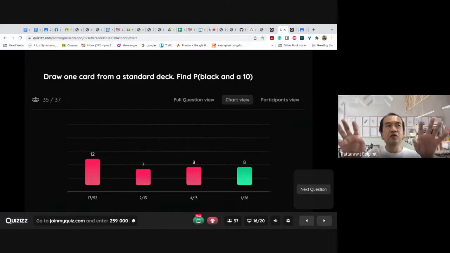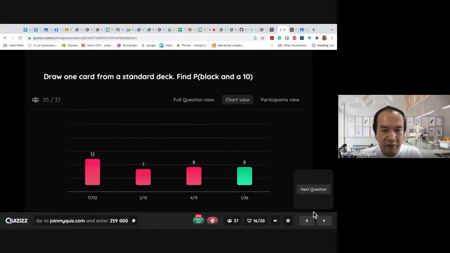So you add 26 plus 4, that's 30, but you have to subtract 2 because the 2 are counted on both sides, black and 10. So you get 30 minus 2 is 28. So 28 divided by 52. Oh, yeah, so 1 over 26. Next one.